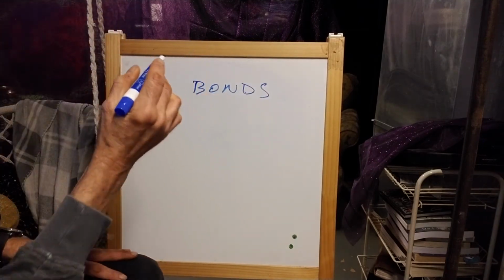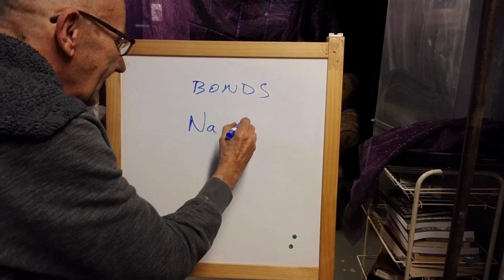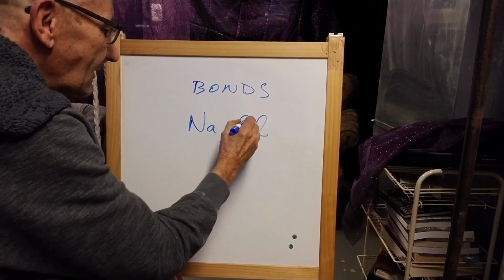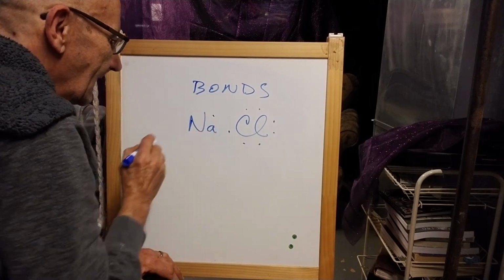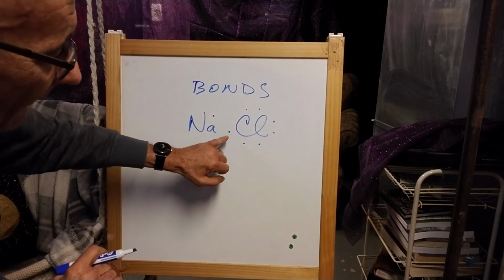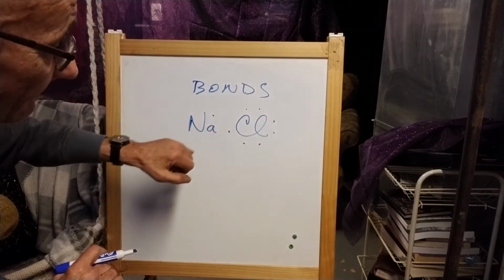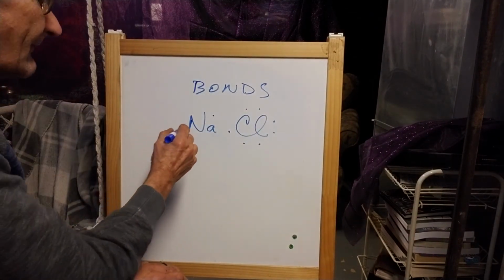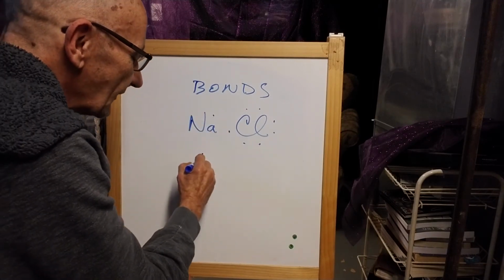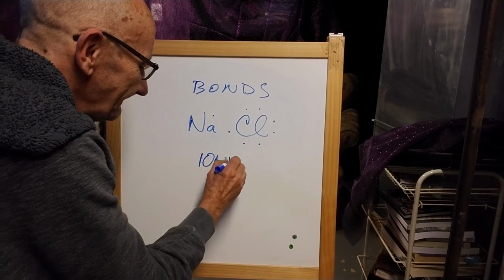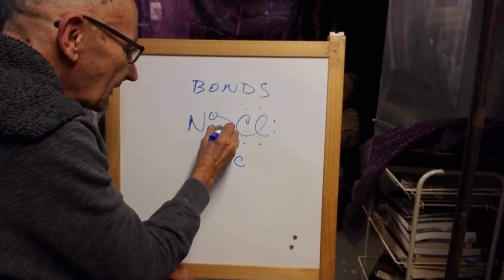Oh, let's do the one with, remember, sodium's got its 1, chlorine has 7, wants that 1. What we're just going to describe here is the ionic bond. What happens is he wants that electron so bad, he literally takes it.